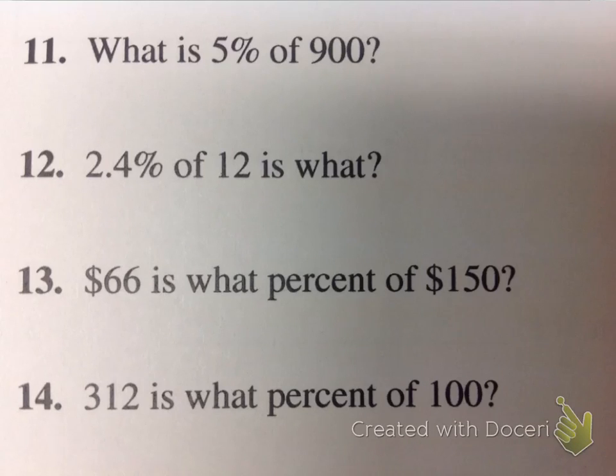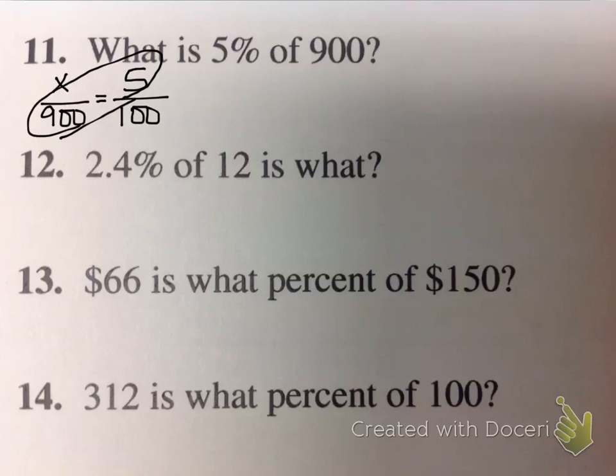So let's actually solve some of these. So we're going to have to translate first. Again, I like to start off with my fraction bar, my equal sign, my fraction bar, and my 100. I know the percent is 5. Of 900. When you solve proportions, cross products are equal to one another. So we need 900 times 5.